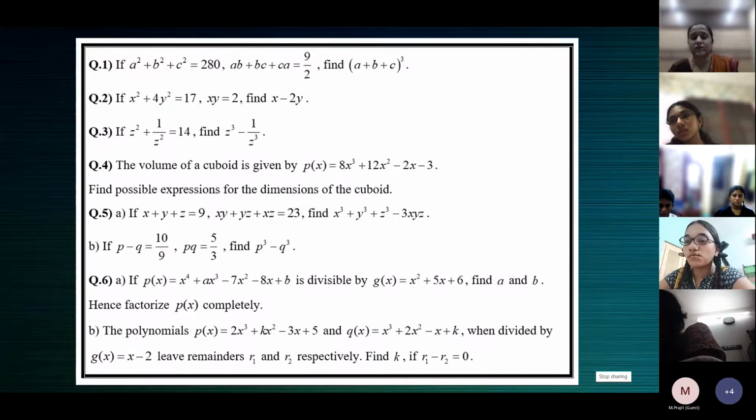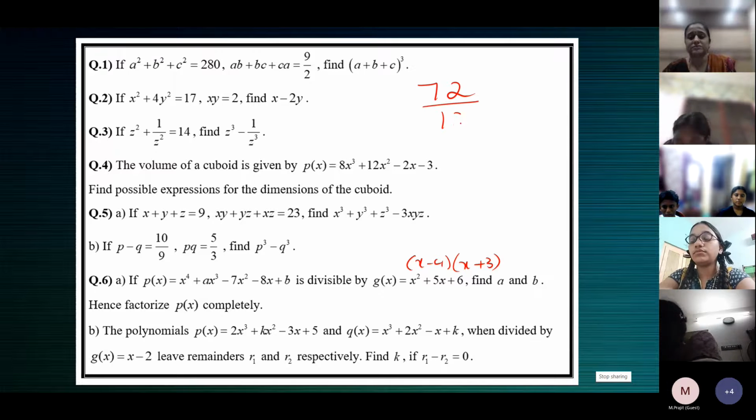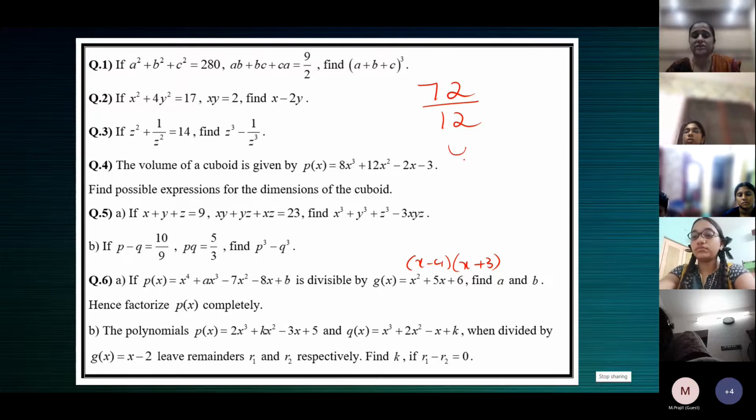Now, supposing when you factorize, the linear factors are, just for example, x minus 4 and x plus 3. Now, for example, 72 is divisible by 12, right? Yes, ma'am. Now, 4 and 3 are the factors of 12.